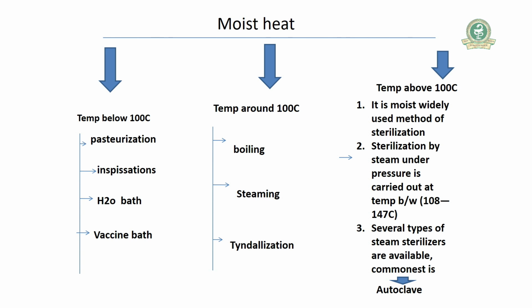In the pasteurization method we can use such temperature. In the inspissation method we can use this. Water bath we can use such temperature, and vaccine bath we can use below 100 degrees centigrade. Temperature around 100 degrees centigrade: boiling of water requires 100 degrees centigrade.